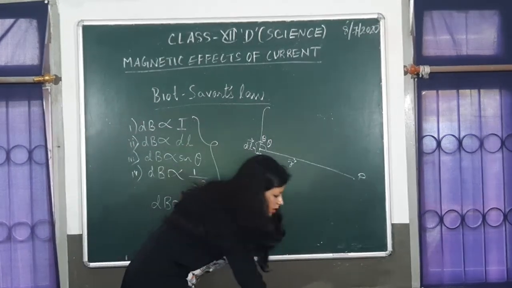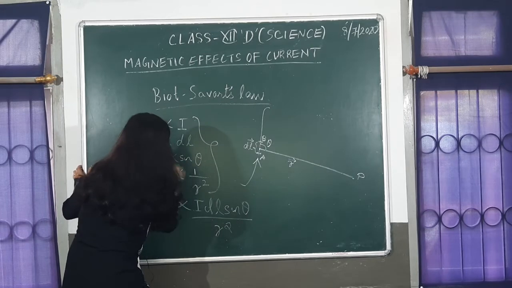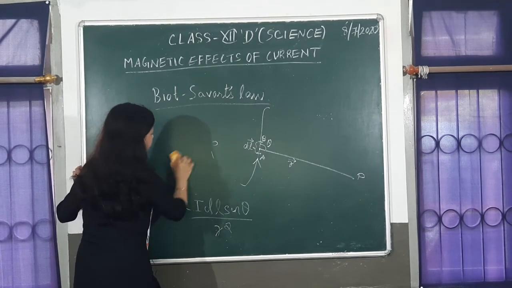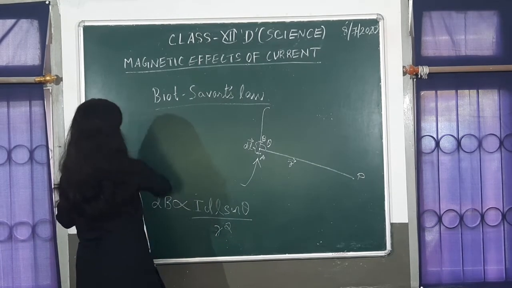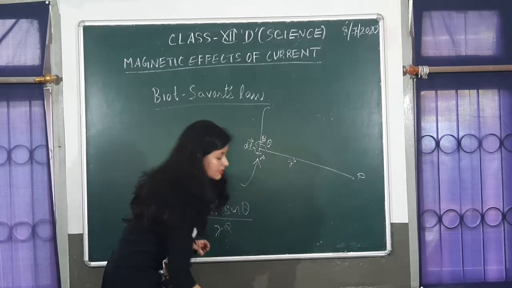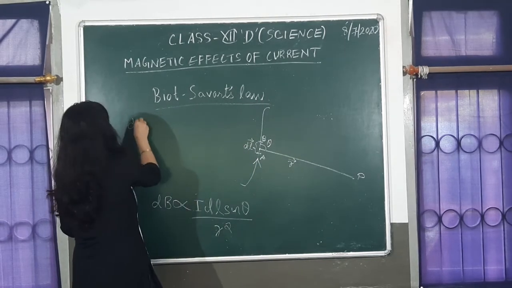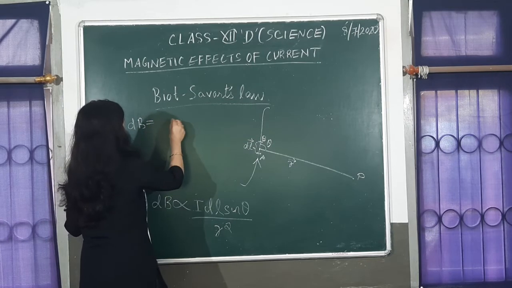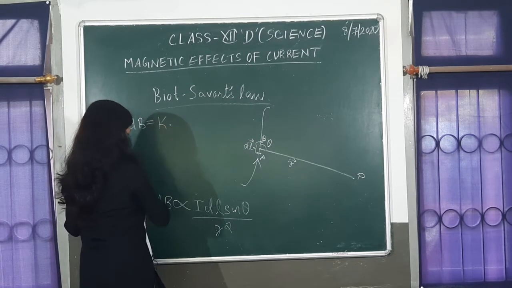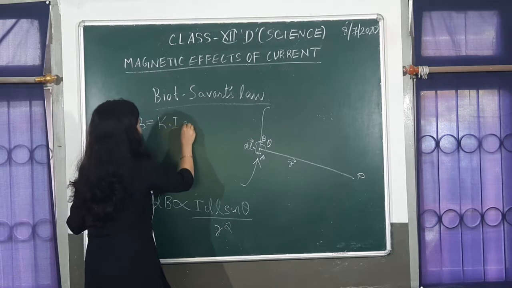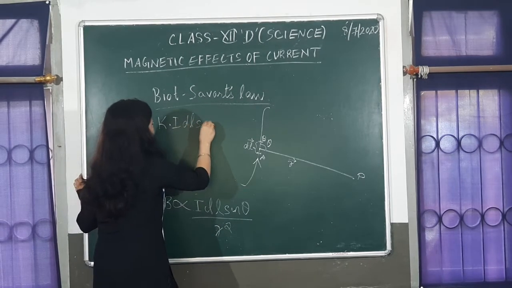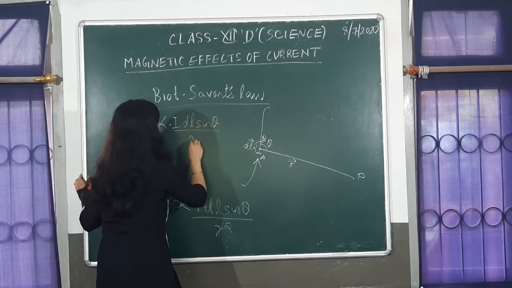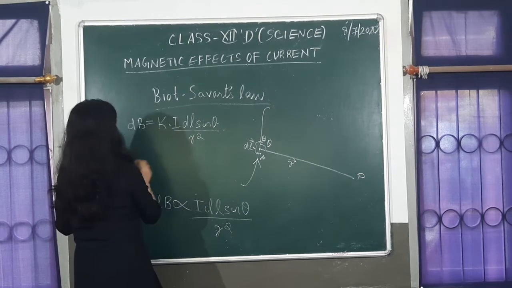Now we need to take this sign of proportionality out. So we will introduce a constant term here. Replacing the proportionality sign by an equal to sign, a constant k will be introduced: dB equals k I dl sin theta by r square.